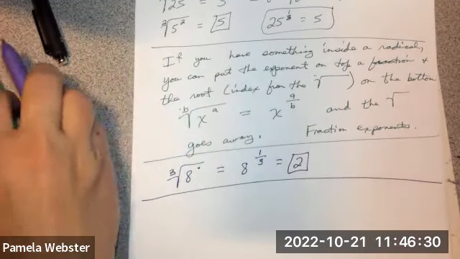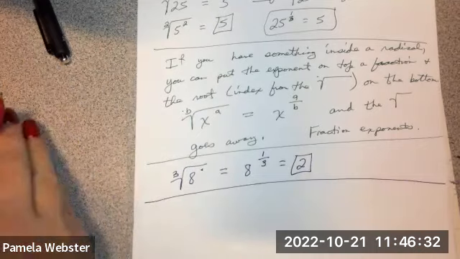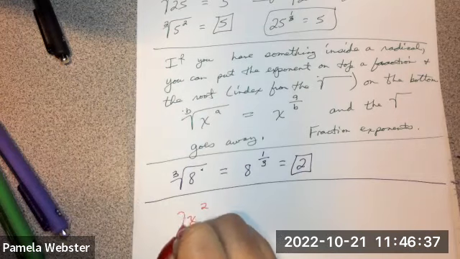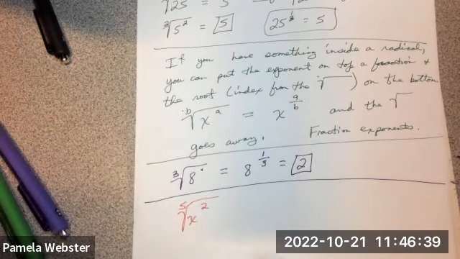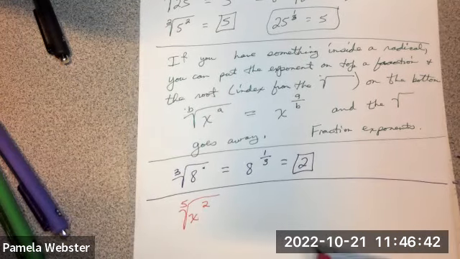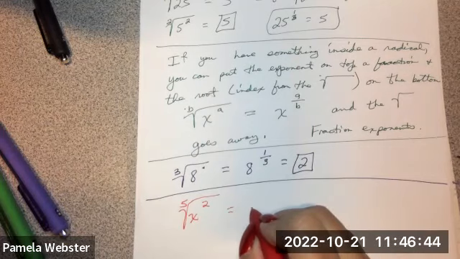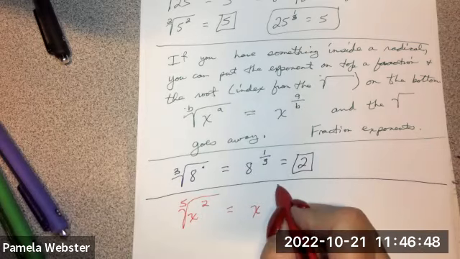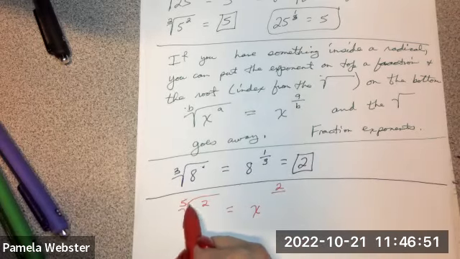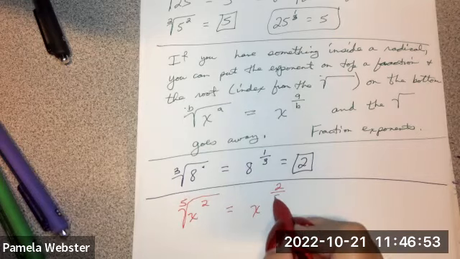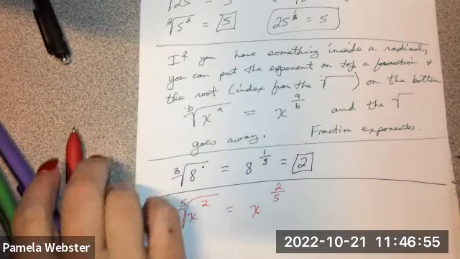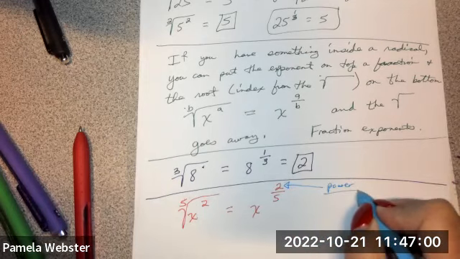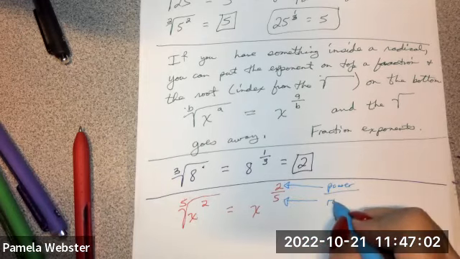Whenever we go over into the exponent world, it's going to look just a little bit ugly sometimes. So prepare. If I had something like x squared, and I'm taking the 5th root of it, then that's going to be x to the exponent or the power on top, 2, and the root or the index, the 5, goes on bottom. So the little picture that we do is power over root.